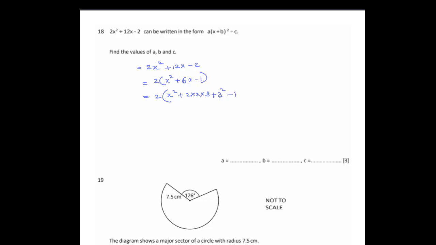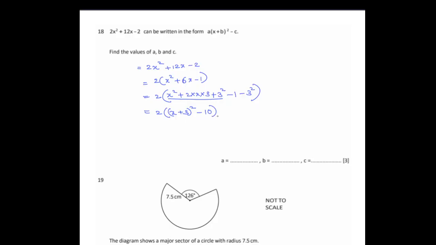Then when you are adding 3 square, you have to subtract 3 square also to make it no difference. Now write this whole thing as x plus 3 whole square. Next, minus 1 minus 9, because 3 square is 9, so minus 1 minus 9 is minus 10.